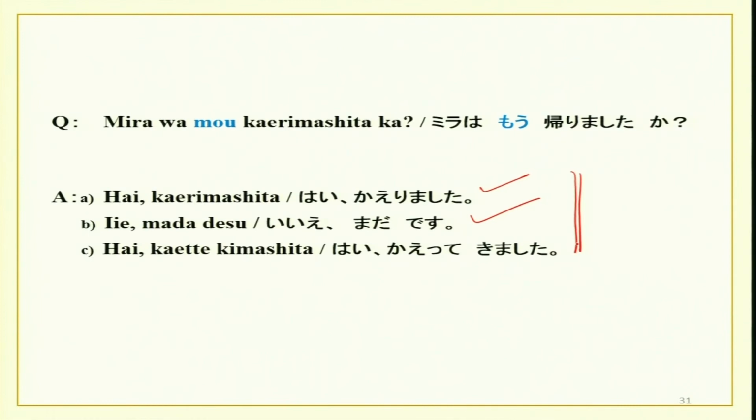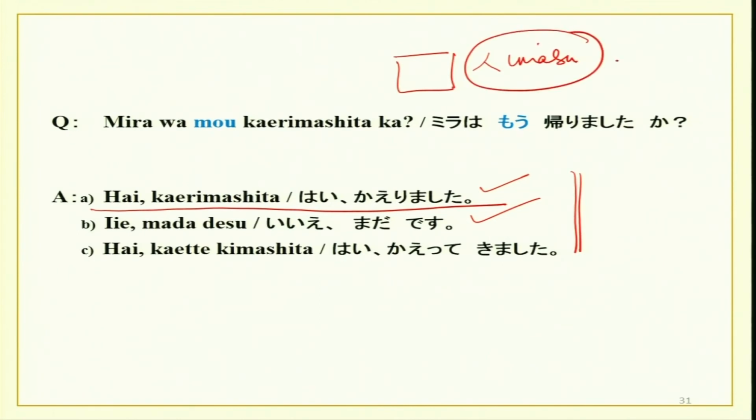Well, very simple. When you say hai kairimashita, Mira wa mo kairimashita ka? So, maybe at the workplace, wherever she is working or wherever she is, imasu, present, from there she has returned.